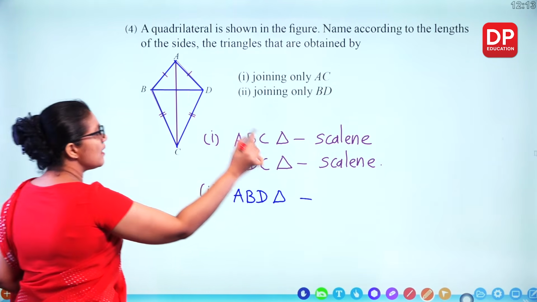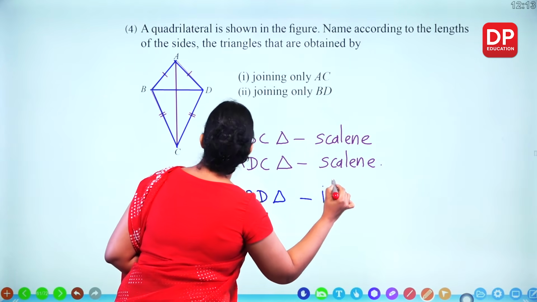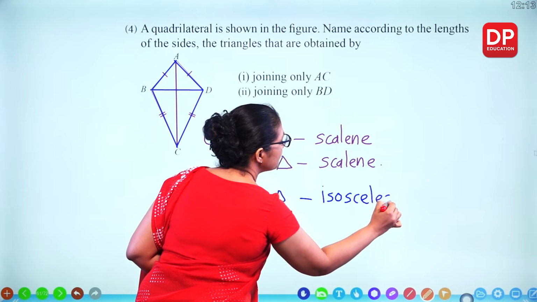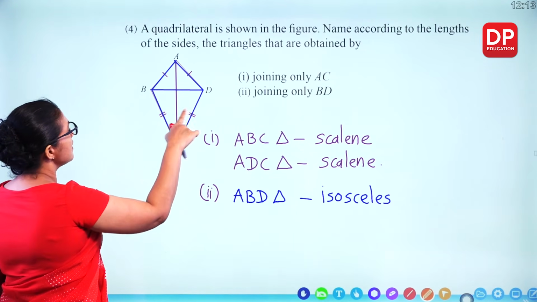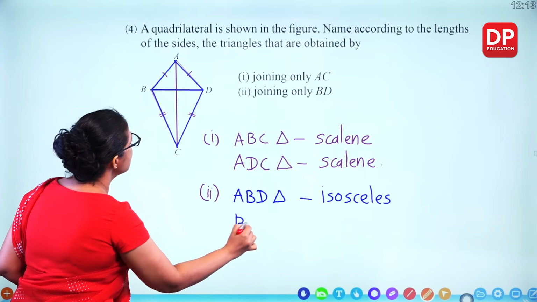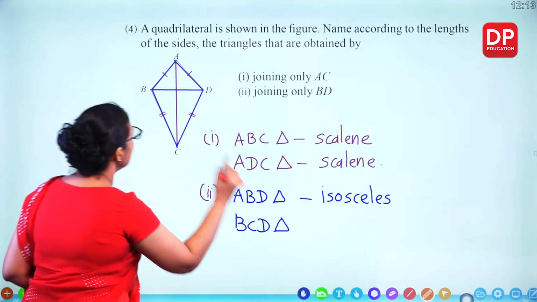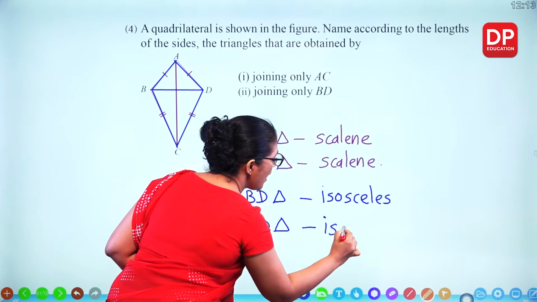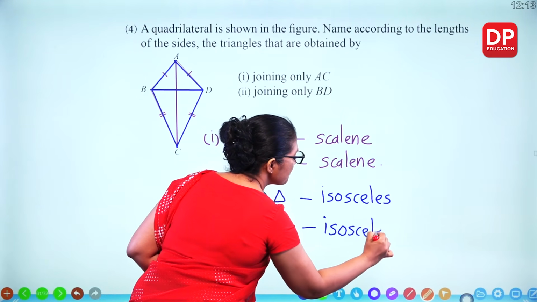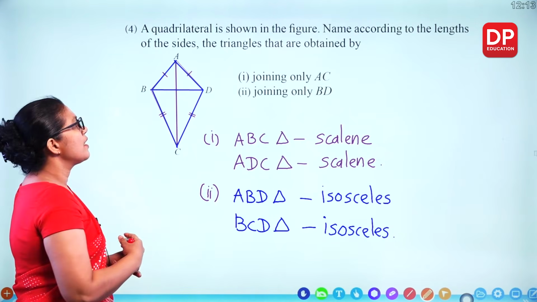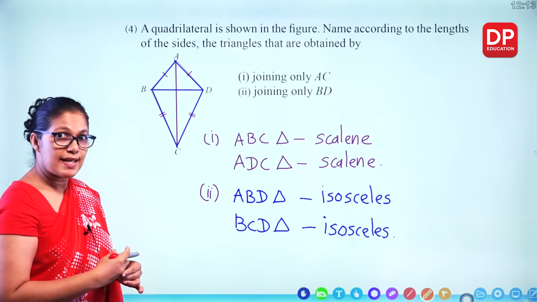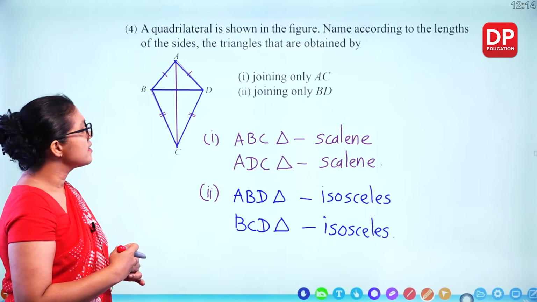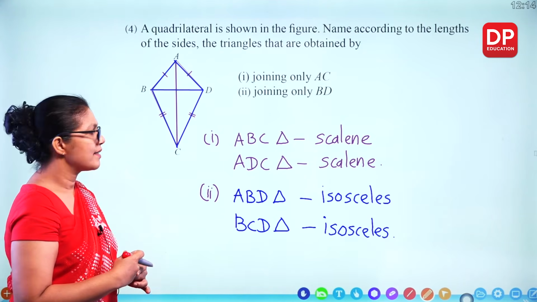Two lengths are equal, so you get isosceles. Look at the other triangle, you get BCD. This length is equal to this one, so isosceles triangle. So when you connect AC, you get scalene triangles. When you connect BD, you get two isosceles triangles.